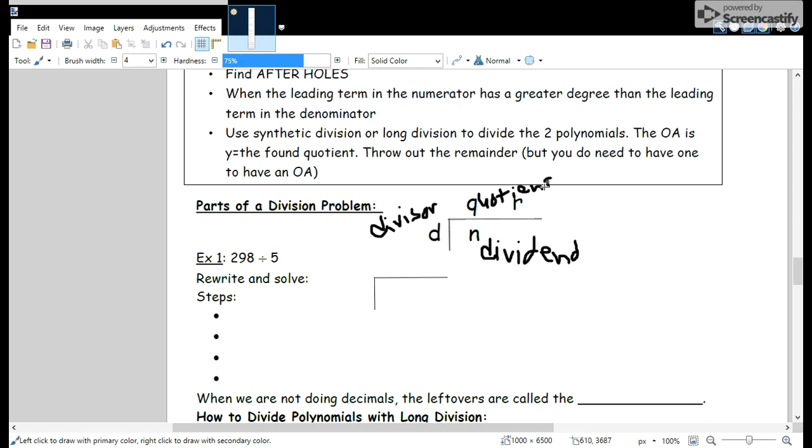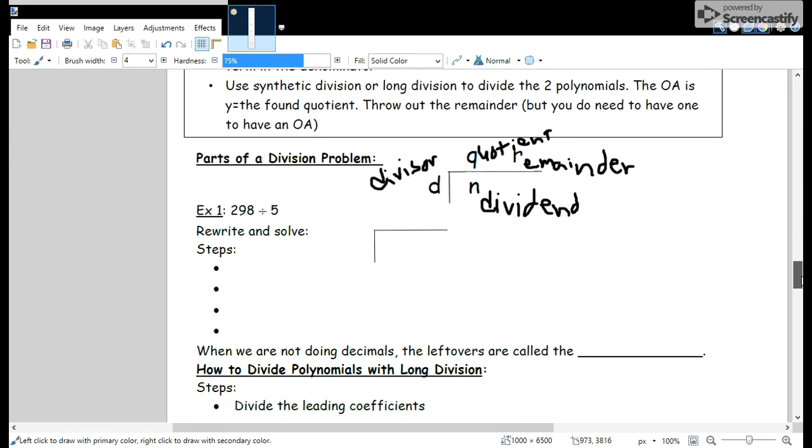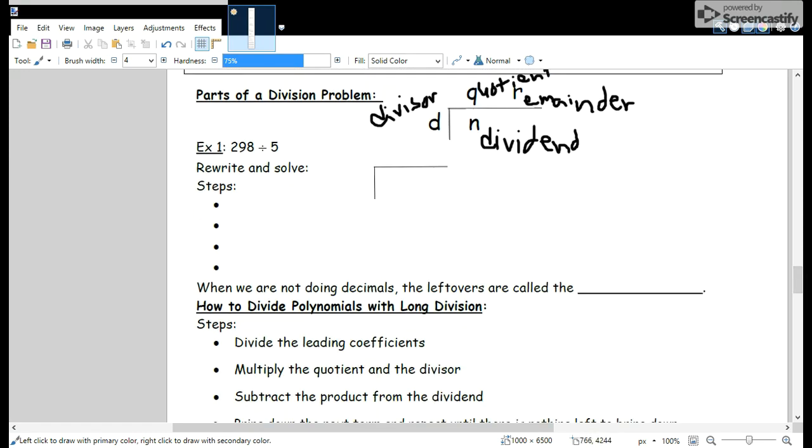And the r is the remainder. Watch the next video to find example 1. When we are not doing decimals, the leftovers are called the remainder.